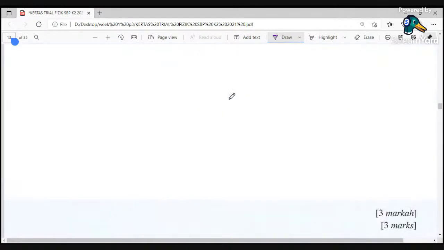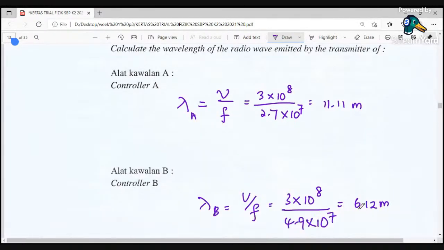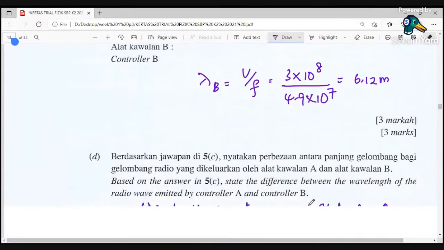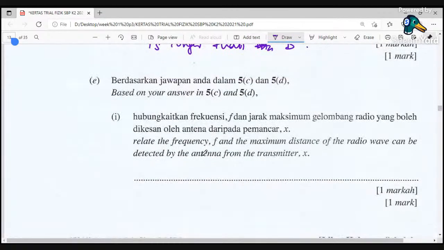Boleh tampak sini calculate ni, 11.11 meter. Ini 6.1 meter. Okay.